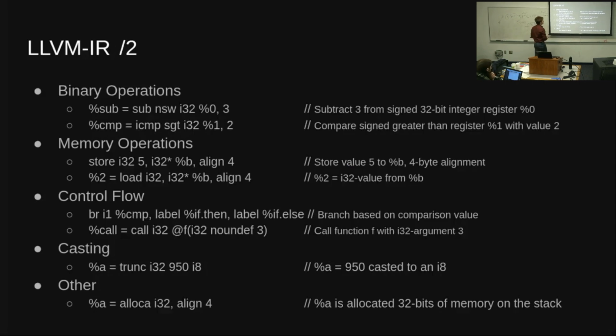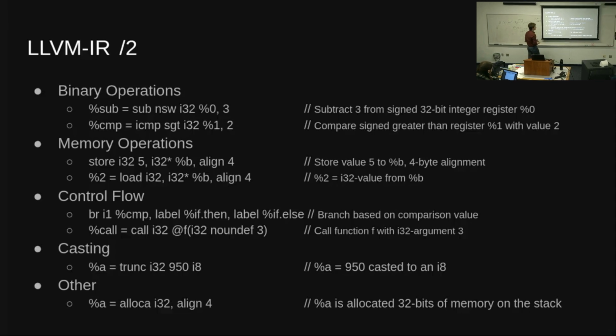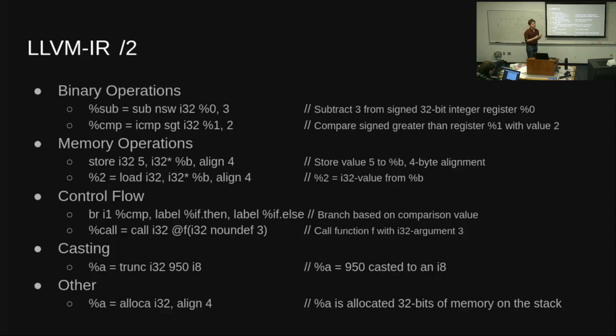There's also casting, so in this case, it's truncating the integer 950 to an i8, going from a 32-bit integer to an 8-bit integer. And there are some other instructions, like the alloca instruction, which is used to make room on the stack, for example.